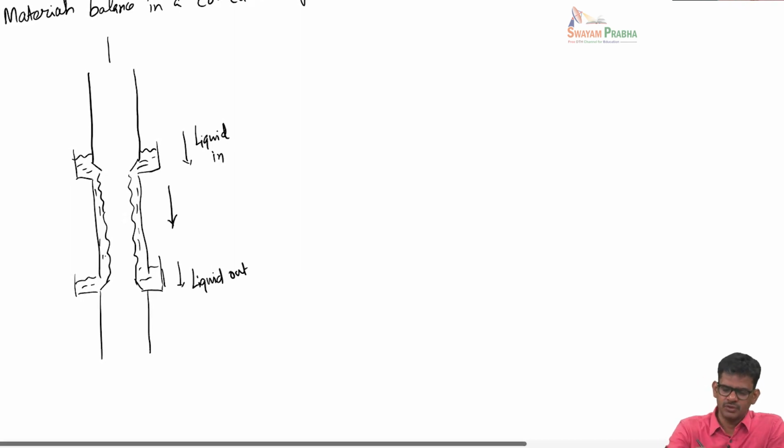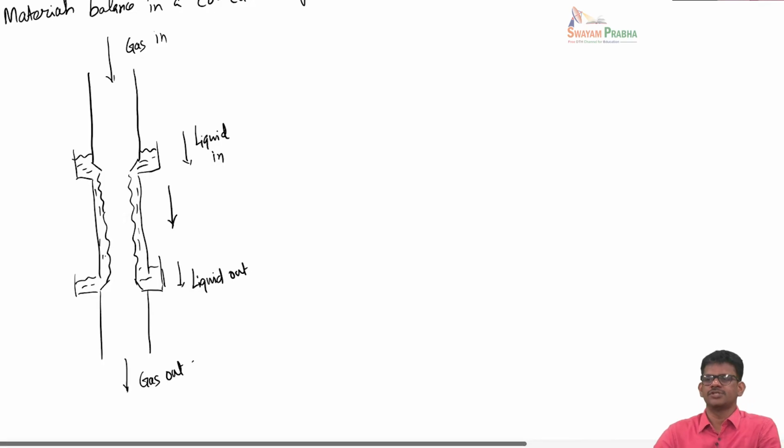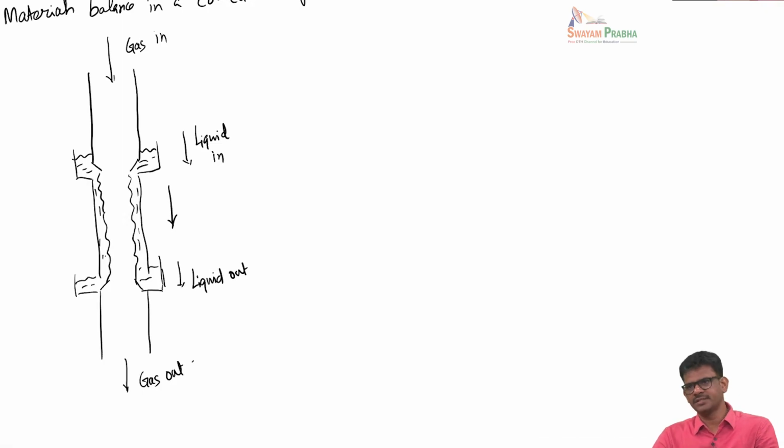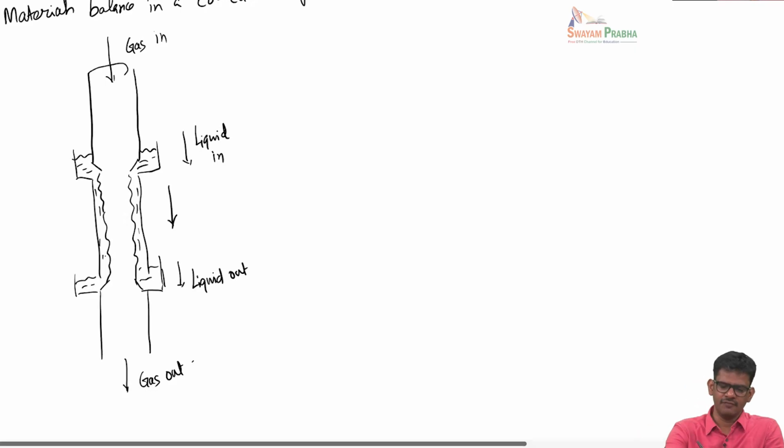Let's say I pump the gas also from here, so gas in and gas out. This is what I call a co-current flow. Both gas and liquid in this case enter in the same place and then leave at the other side of the equipment. Both are entering from the top and leaving at the bottom.